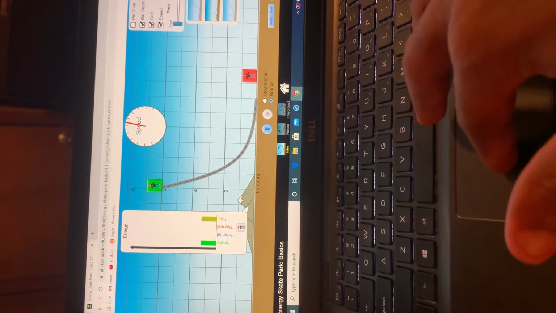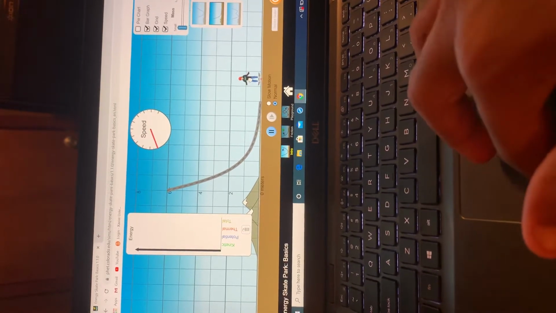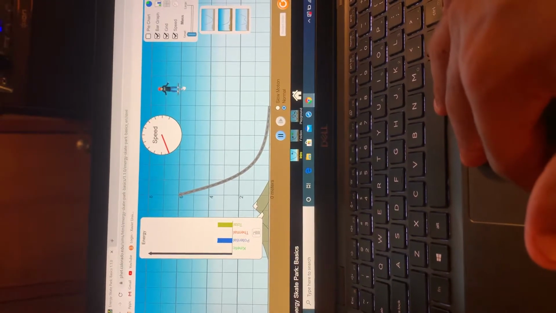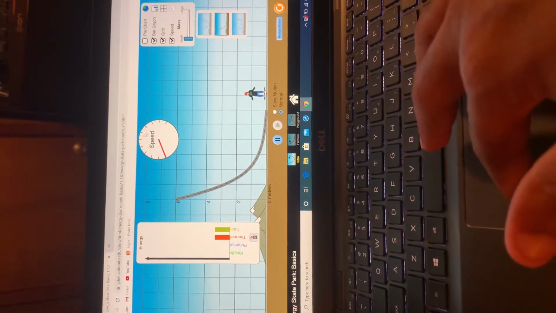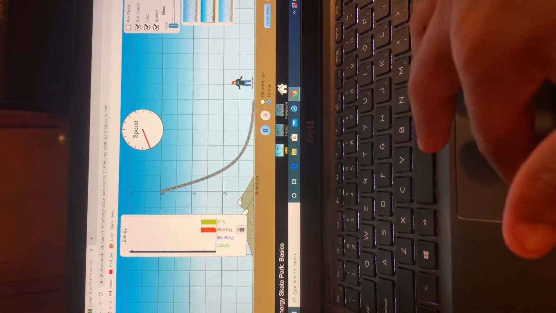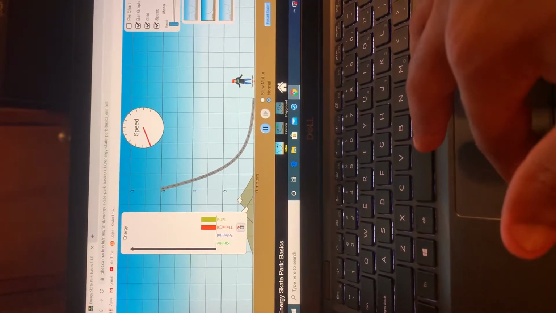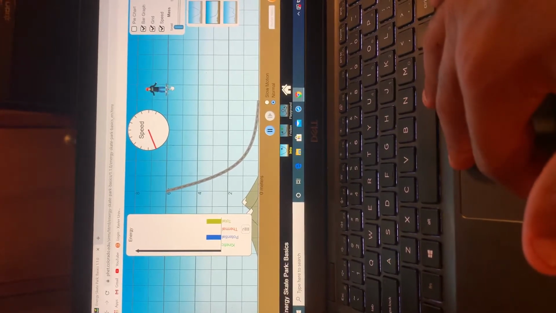And the velocity is 11 meters per second. And that shows you of the ramp. Now, I'll put him at 6 meters height free fall, and as you can see, it still touches 11. And as you can see, the thermal energy goes up because he just hit the ground at full force.